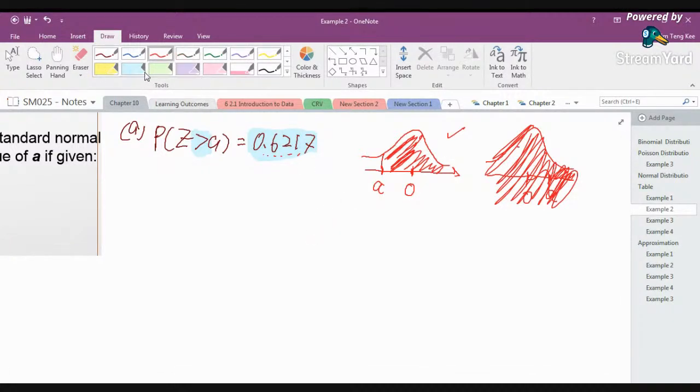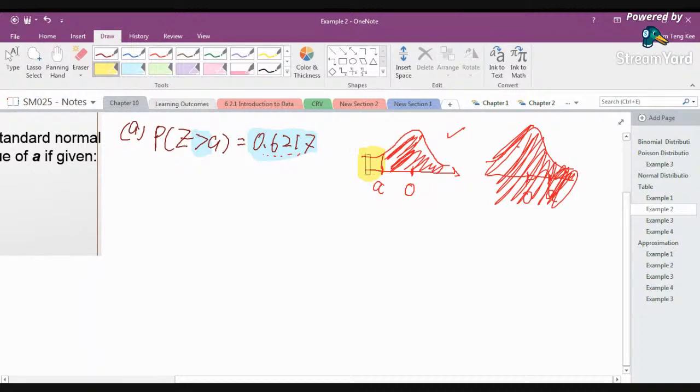So based on this first diagram, we notice that in order to calculate the one shaded in red, we can just use logical thinking: I use overall minus the region on the left, the one that I highlighted in yellow.